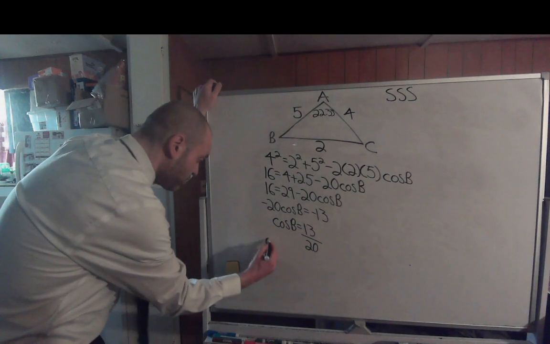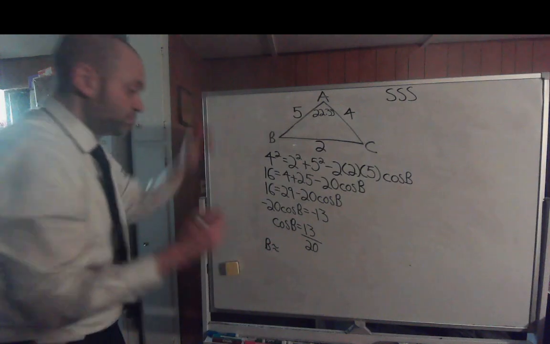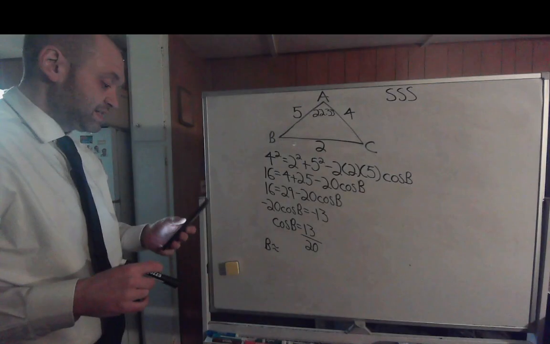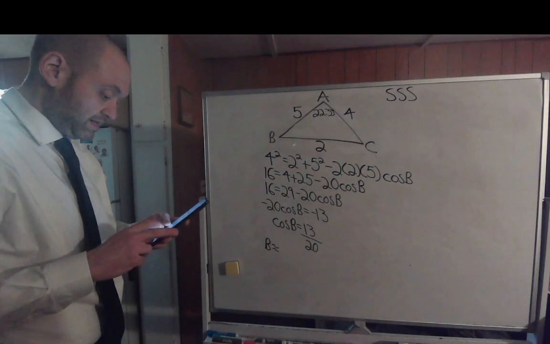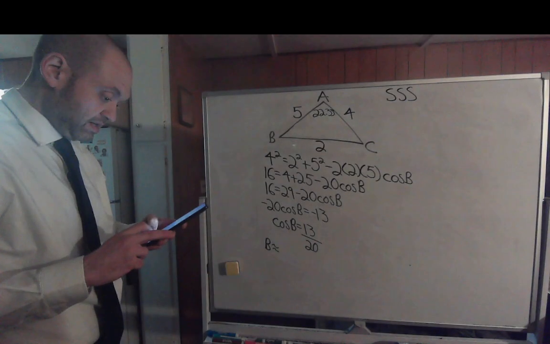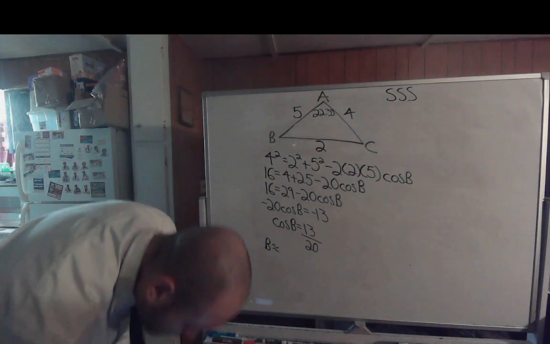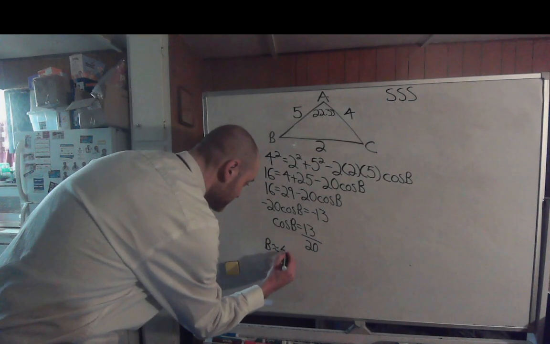So then B, of course, is the cosine inverse of both sides. And again, this will be another ballpark estimate. It's not going to be exact. You get approximately 49.46.